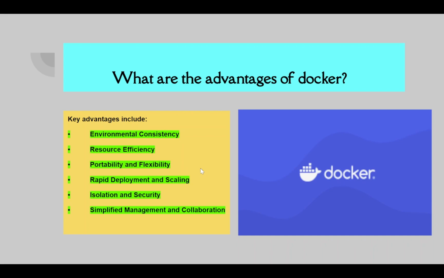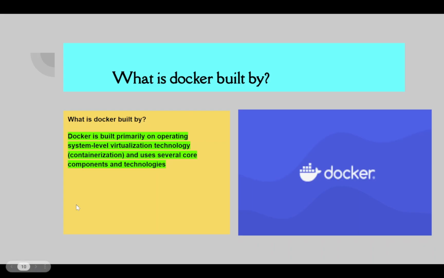Isolation is also very important, and it's one of the key features of Docker. Your application will run in isolation, and security can all be implemented. You can secure your Docker containers.